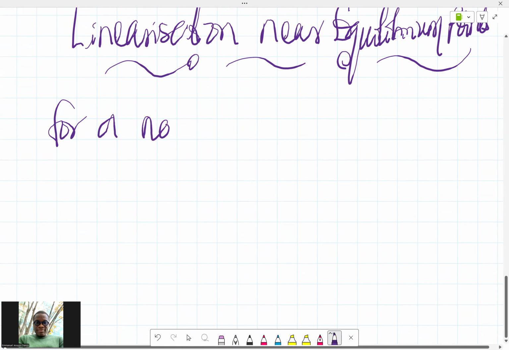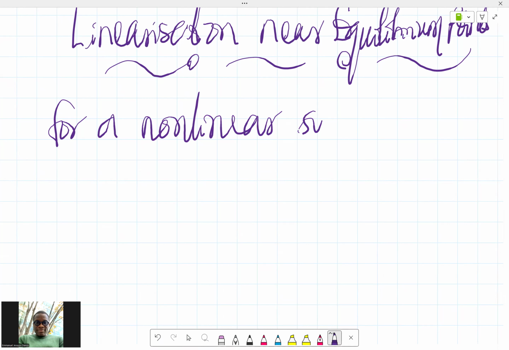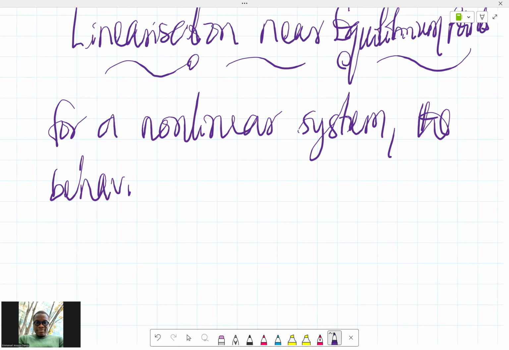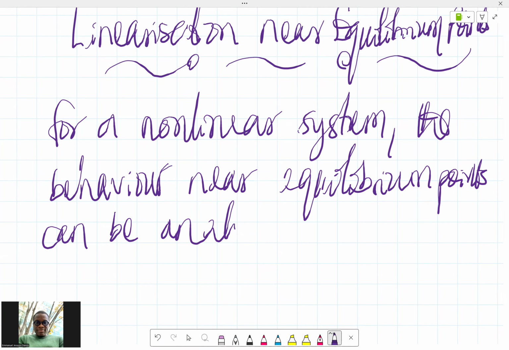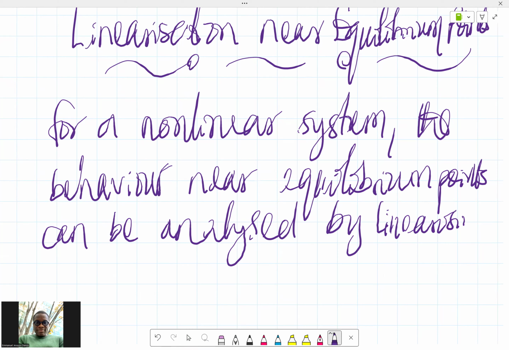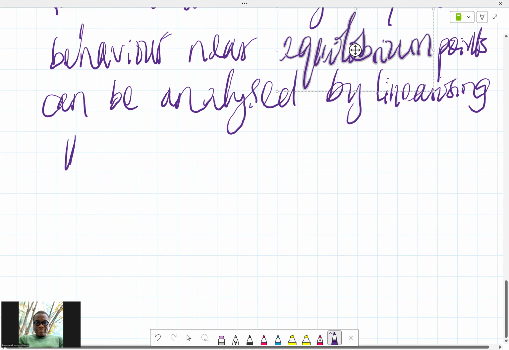So for a nonlinear system, the behavior near equilibrium points, or what you call critical points that make the system in a steady state, can be analyzed by linearizing the system.